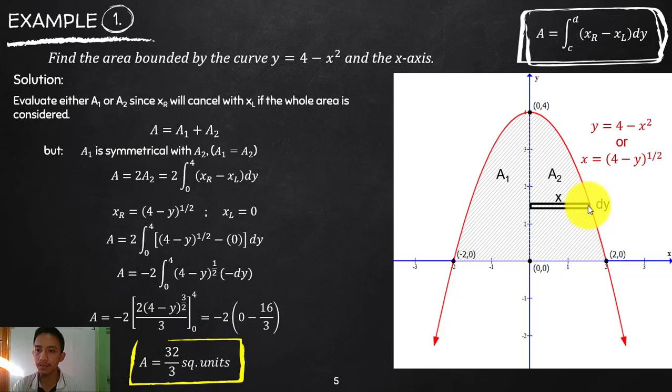If you think that I will draw that directly from this part to that side, the x right is this equation, the x left is that equation, it is the same equation. So this will cancel, 0 times dy, that is 0. You will end up integrating 0, which will not give you an answer.